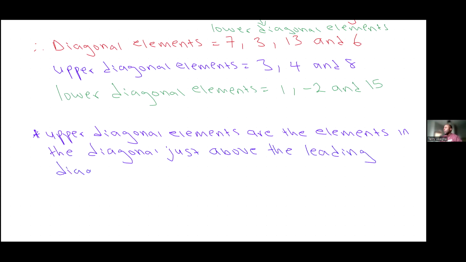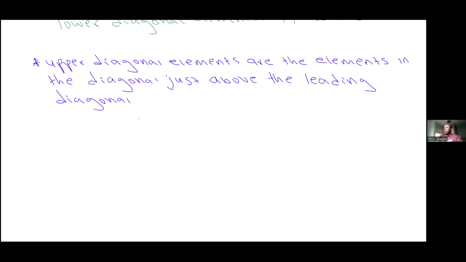Okay, so like that example, we had 3, 8, 2, 1, 6, 4, 8, 1, and 3. In this example, this is the main diagonal. So the upper diagonal elements are going to be 8 and 1.